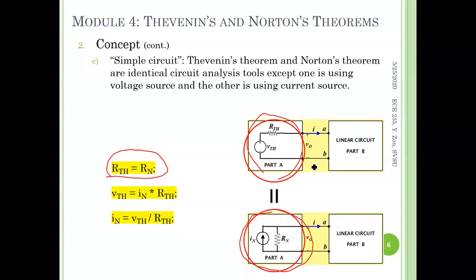First, the Thevenin resistance, RTH, is equal to the Norton resistance, RN. Second, the Thevenin independent voltage source equals the Norton independent current source times the resistance. Apparently these two equations are simply Ohm's law.